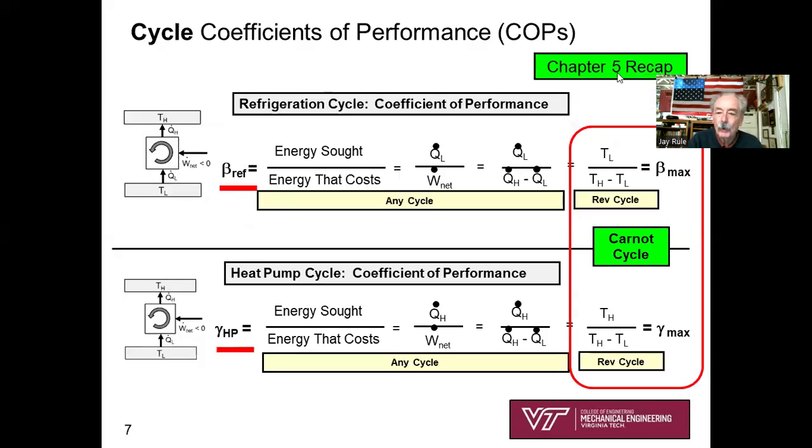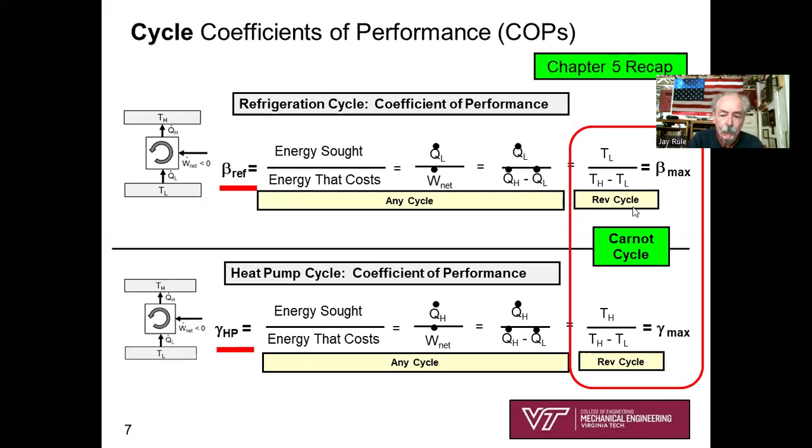So let's review coefficients of performance for both of these types of engineering and familiar equipment. For a refrigeration cycle, energy sought over the energy that costs is Greek letter beta for a refrigerator, coefficient of performance, Q dot L over W dot net.